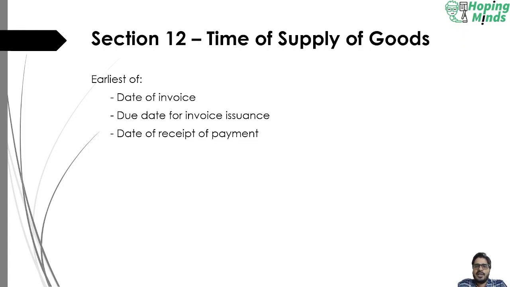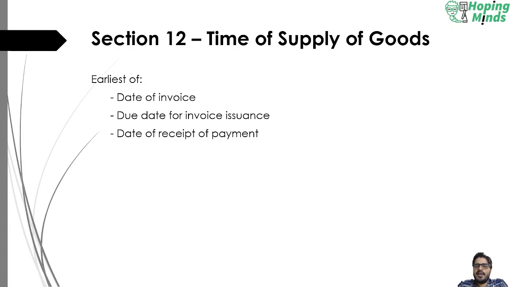So now let us see section 12 that covers the time of supply in case of goods. Time of supply for goods under GST is critical for determining when the tax liability arises. Section 12 of the CGST Act ascertains the time of supply at the earliest of the following. That is date of invoice issuance.